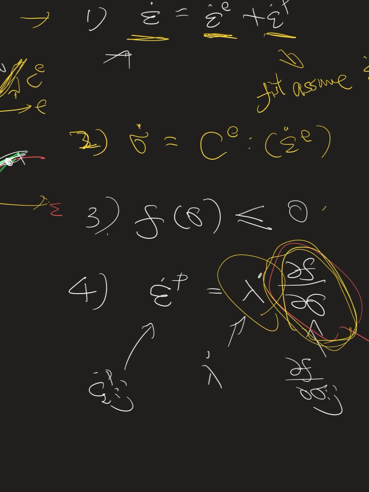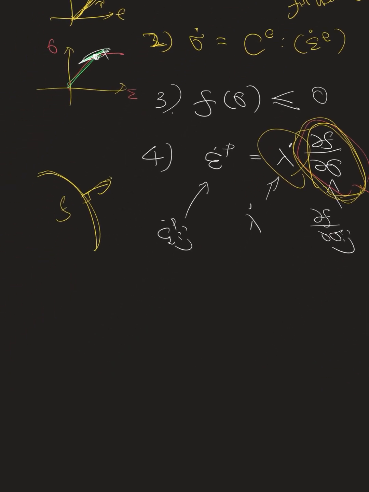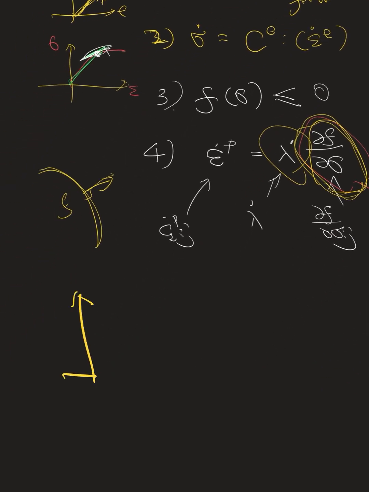And this one, we simply assume that the type of plastic deformation that you generate is the same as the mode of the stress gradient. Okay, so you have a U surface that looks like this. If I take the gradient, let me give you an example. Imagine I have the deviatoric stress, and then I have a pressure.